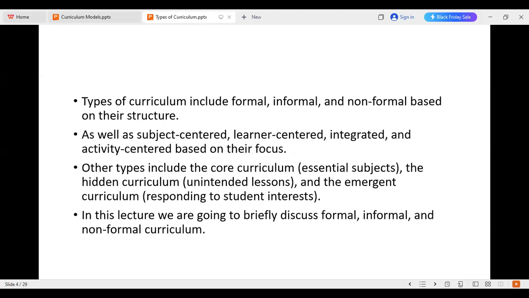And the emergent curriculum, responding to student interest. In this lecture, we are going to briefly discuss informal and non-formal curriculum. Okay, that is the learning objective of today.